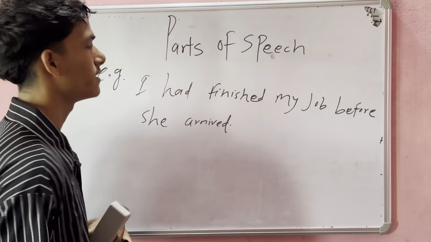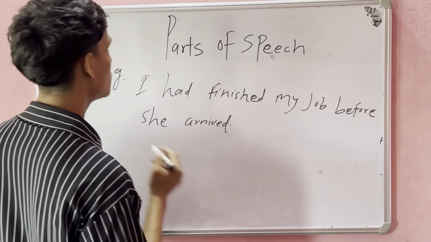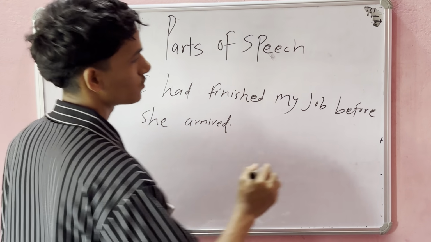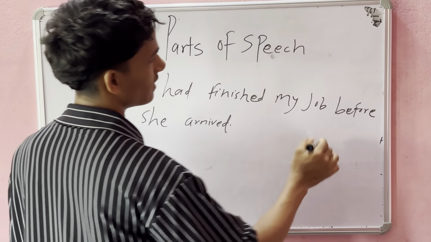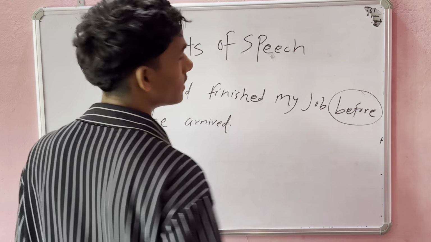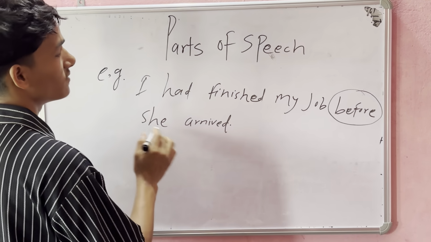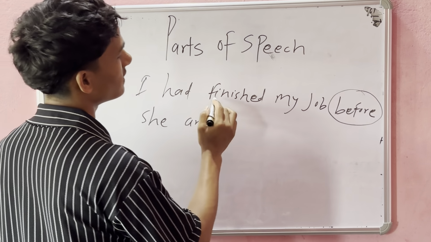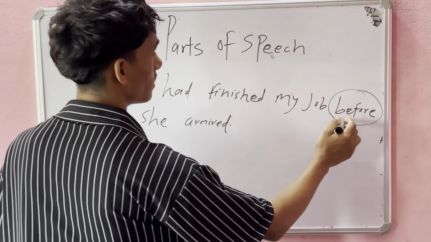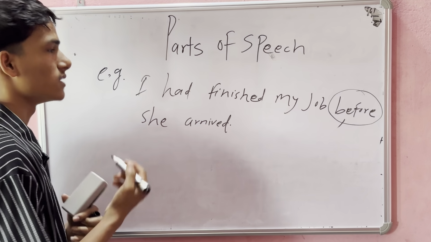Before she arrived. I had finished my job before she arrived. Well, so in this sentence we can find when: before she arrived, I had finished my job. So that is why before is the adverb for this sentence.